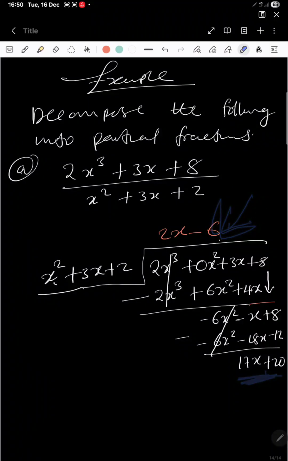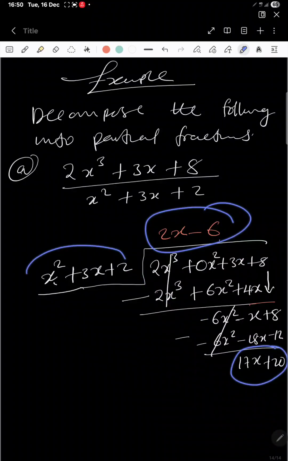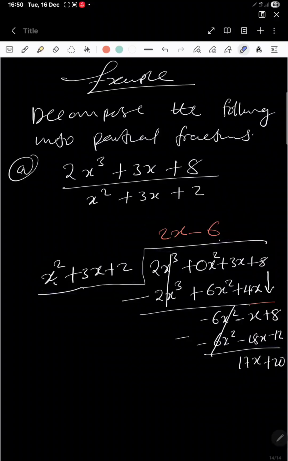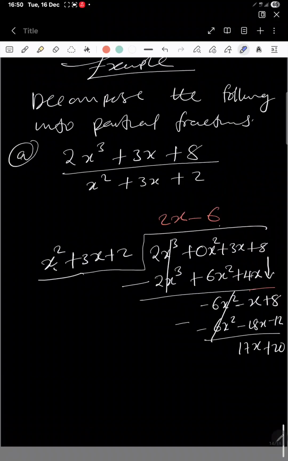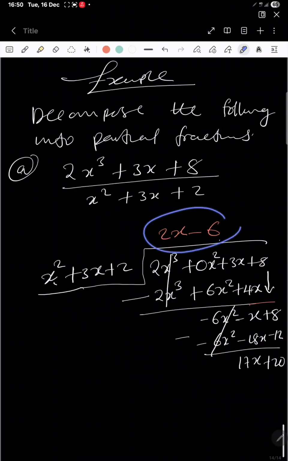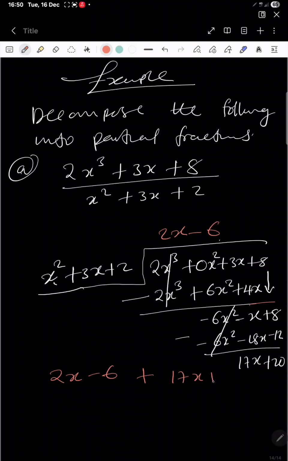So how do you rewrite your answer after getting the quotient, the remainder, and the divisor? You say my answer is going to be the quotient, which is 2x minus 6, plus the remainder, 17x plus 20, over the divisor, which was x squared plus 3x plus 2.